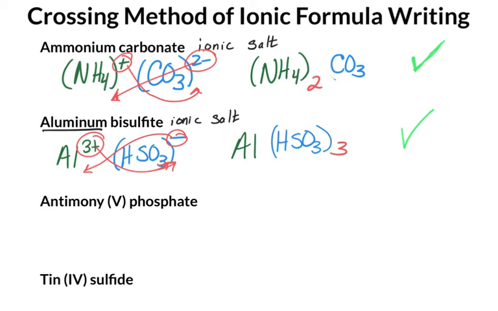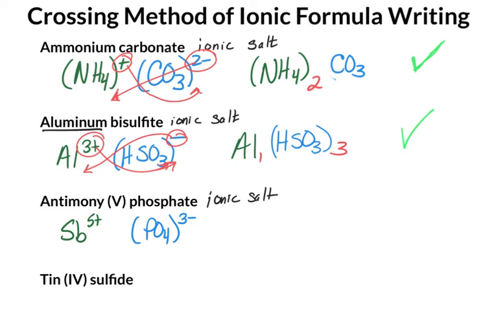Let's try antimony 5 phosphate. Again, we see it's an ionic compound. That is a salt. And we'll write the charges. And antimony is a 5+, as it says in its name. Phosphate is, in parentheses, PO4. And then the charge on the outside of the parentheses will be -3.